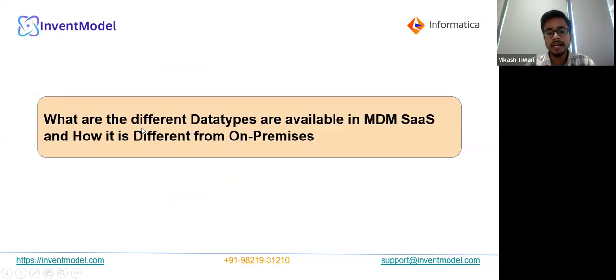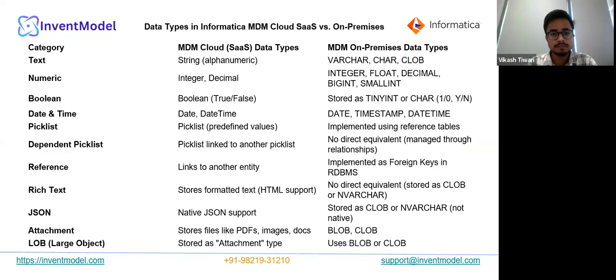What are the different data types available in MDM SaaS and how is it different from on-premises? We have seen in the cloud format that we have different data types in comparison to on-premises. Okay, MDM on-premises. So these are all the data types you can see here.